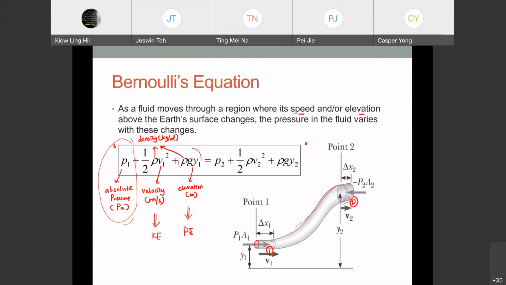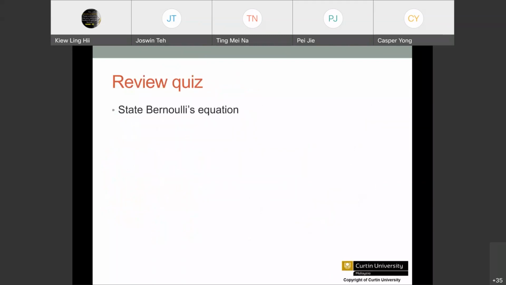Okay, so now please state the Bernoulli equation. So P1 plus kinetic energy, half rho V1 square, plus potential, rho Gy1, is equal to a constant.